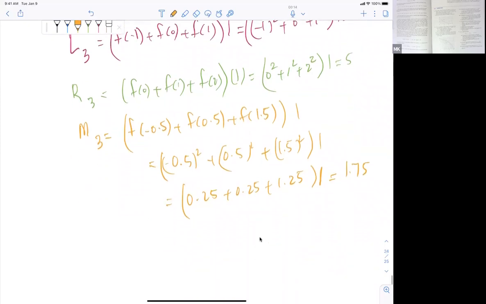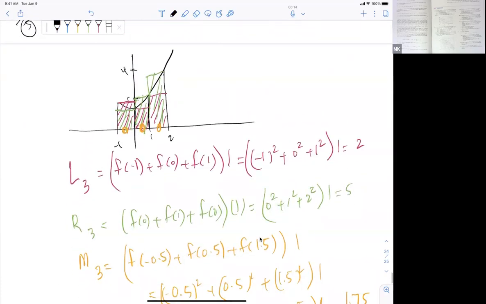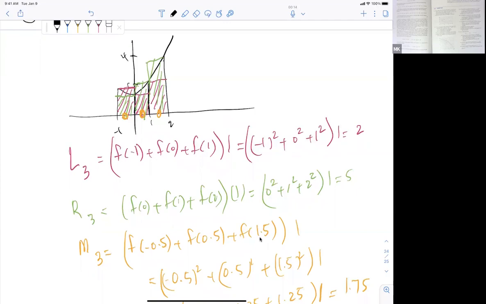Now today's lecture, if you're watching the lecture sequentially, we discussed that the integral can be calculated exactly. So the integral from -1 to 2 of x squared, sorry, it's supposed to be x squared plus 1. So plus 1, plus 1, plus 1.